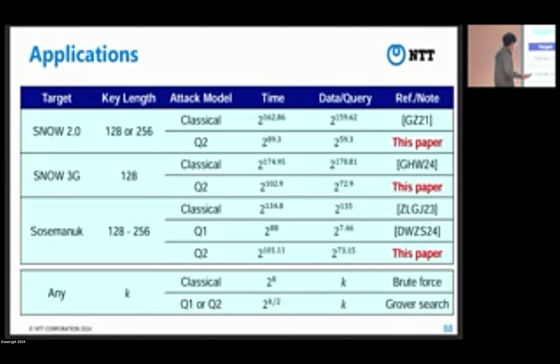I'm sorry, which part are you talking about? This? Yeah, this part. Yes, for this part, unfortunately, we didn't have much speedup. It happened that a previous work was just very nice, so it achieved a very fast attack, even though it was a human attack.